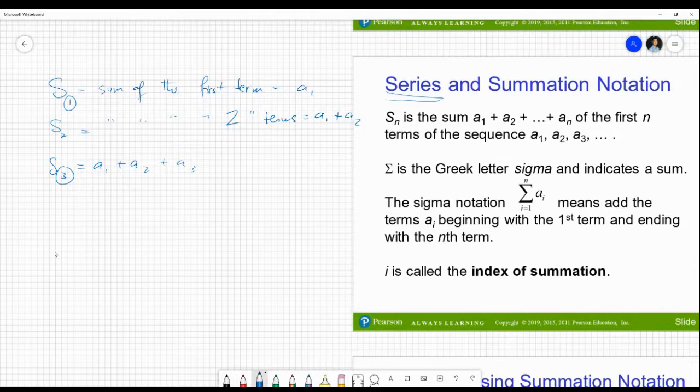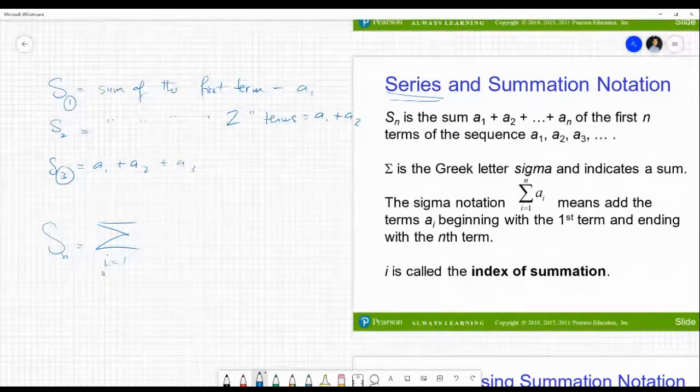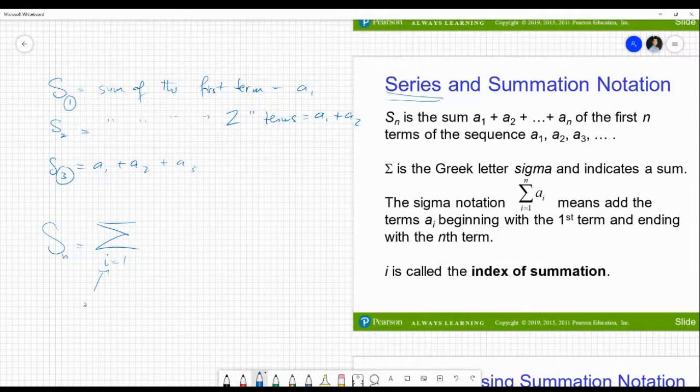All right. So Sn is equal to, this is sigma. It's a capital sigma. It means summation. So i equals 1. The value down here is called the index. Now, sometimes we use i, sometimes we use j, and sometimes we use k. i and k are used the most, sometimes j. And then the end value here is the ending term.